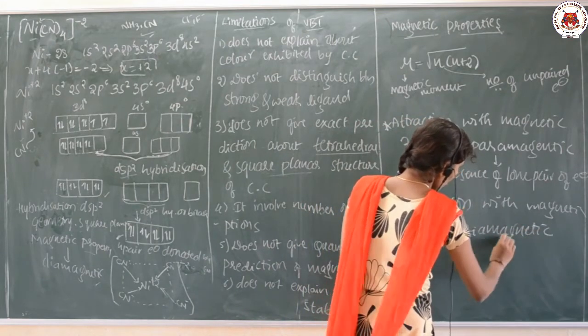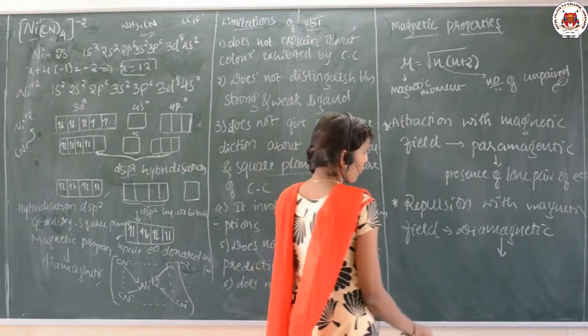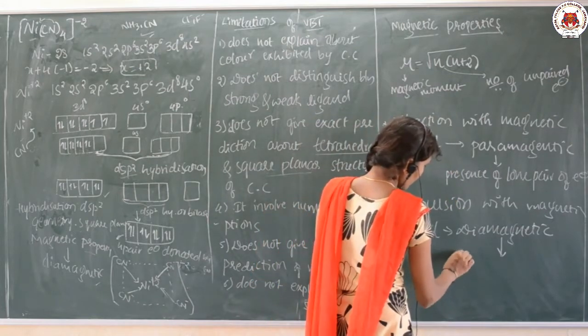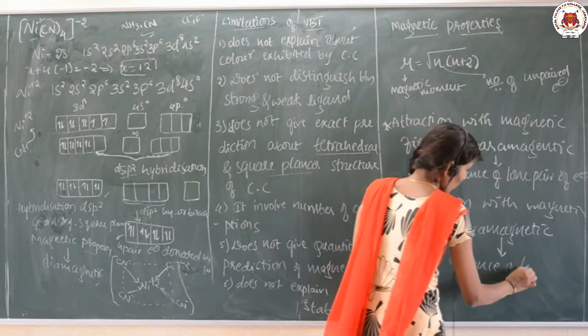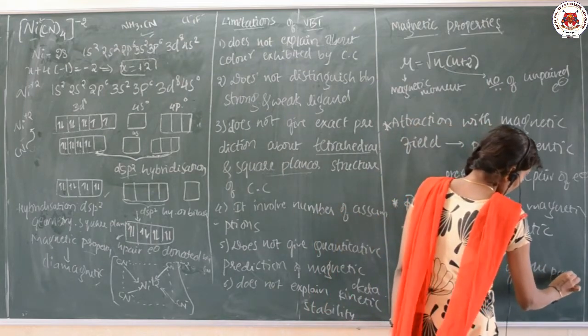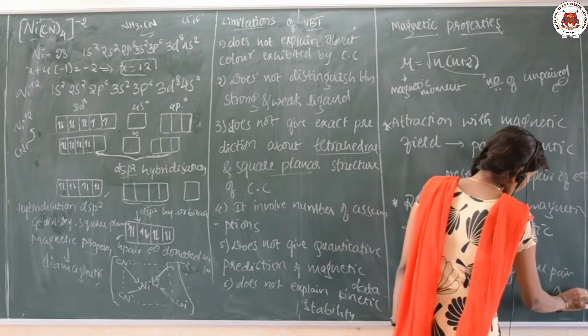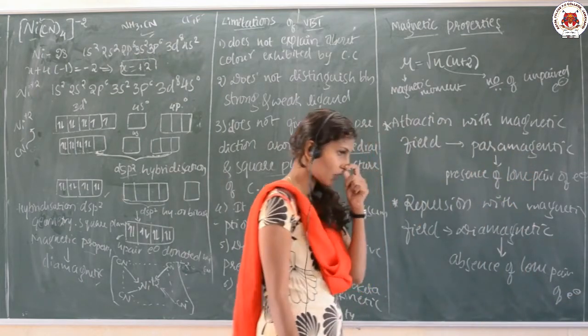Diamagnetic properties are present when there is an absence of unpaired electrons.